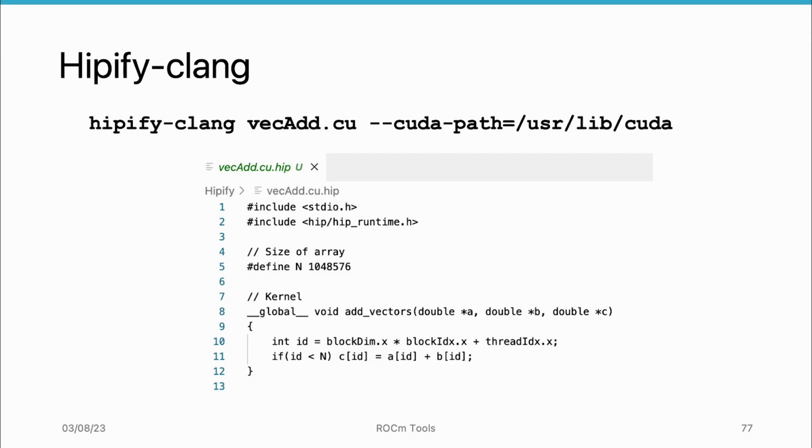The --cuda-path flag specifies the path to the CUDA toolkit installation directory, which is required by hipify-clang to find the necessary CUDA libraries and header files. This flag ensures that hipify-clang can locate the CUDA libraries it needs to perform the conversion.